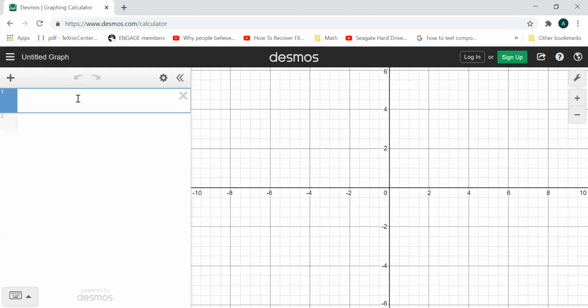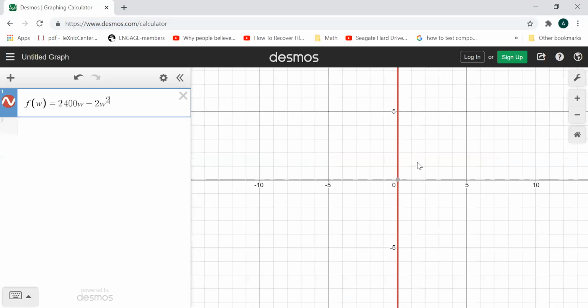So 2,400 here. f of w, like it is in the problem, is 2,400w minus 2w squared.